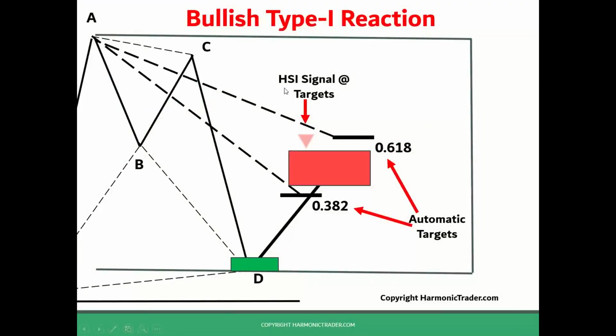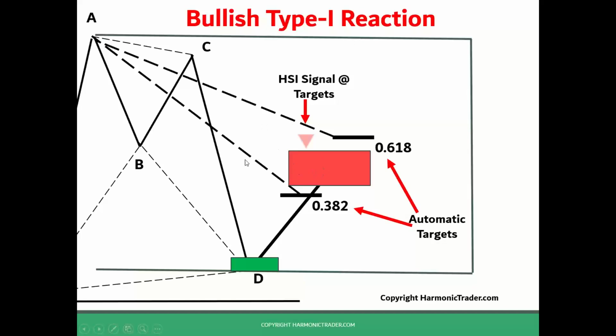Now here is where the termination of the type 1 reaction, we can assume it. We're at our targets, we're between that level, or might even be above, but we're at least at the 382, we have hit that. We're then looking for the HSI.